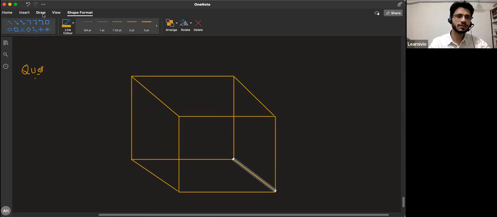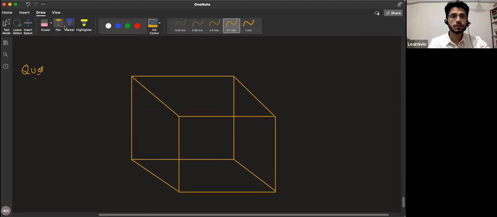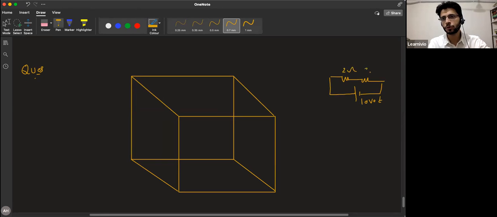If I give you one example, just because you ask: you have two resistors connected to a cell of 10 volt. This is 2 ohm, this is 3 ohm. What is the equivalent resistance? 2 plus 3 equal to 5. But if you want to calculate it using Kirchhoff law, you take some current I, and the same I goes through each.